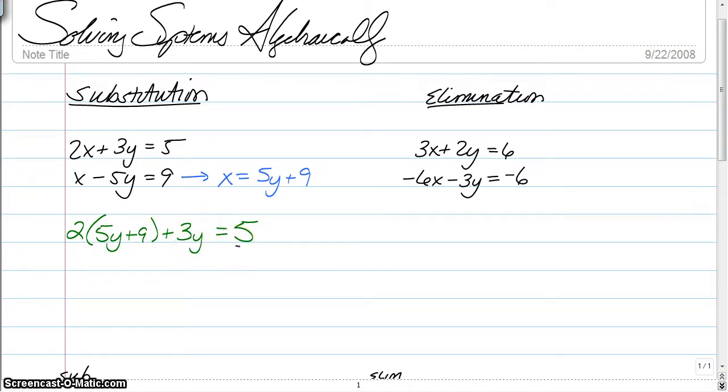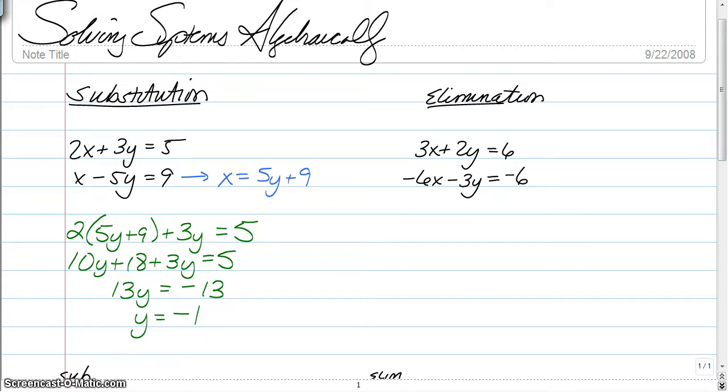Now we have a one variable equation. So distribute your 2: 10y plus 18 plus 3y equals 5. Combine like terms and subtract your 18 to the other side. So we are going to get 13y is equal to negative 13. So y equals negative 1.